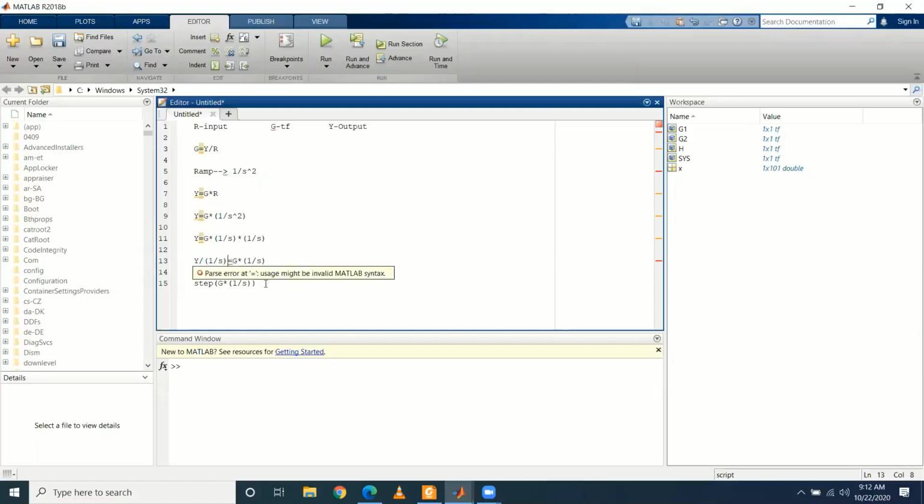Yes, sir. But remember, we started off with the input being 1 by S square, didn't we? So that means by observing the step response of G multiplied by 1 by S, you're actually observing the ramp response of G. So is this part clear to everyone?